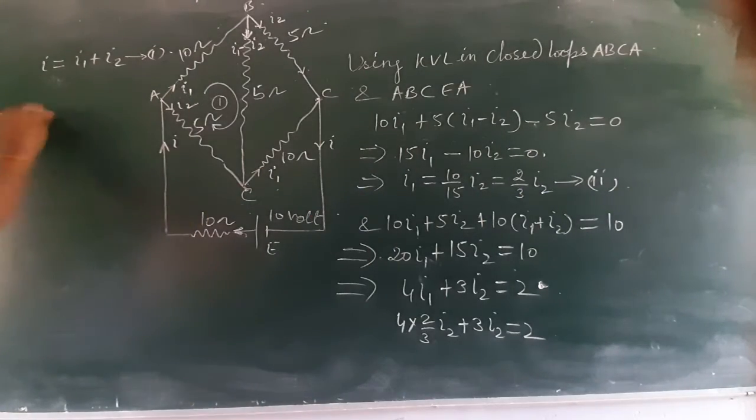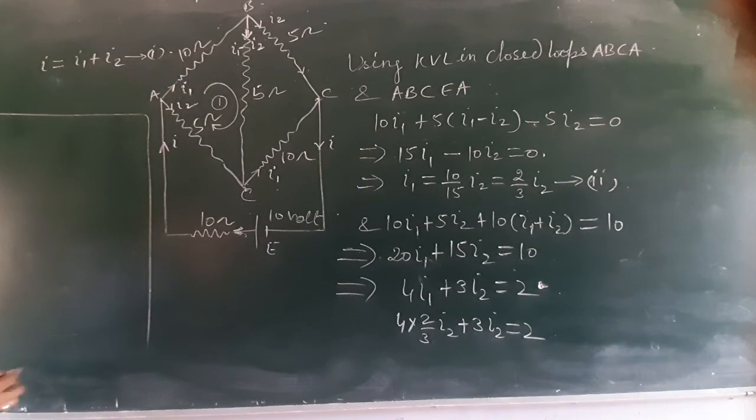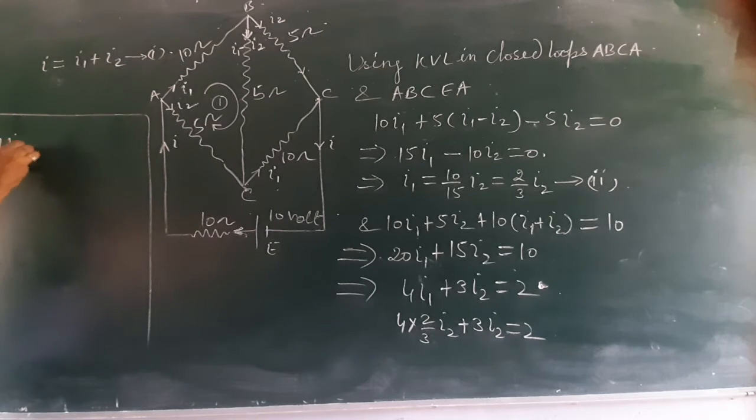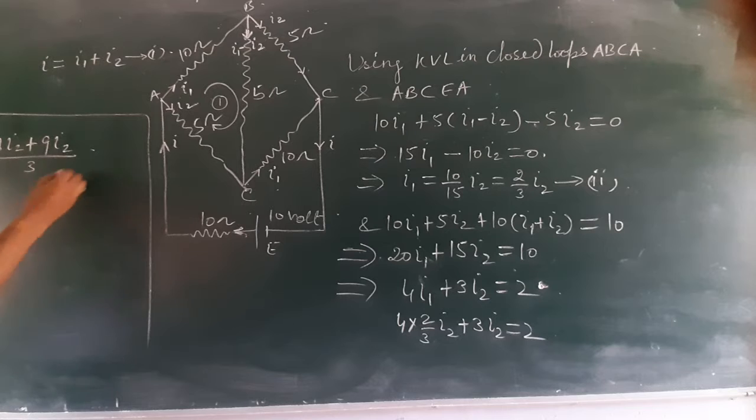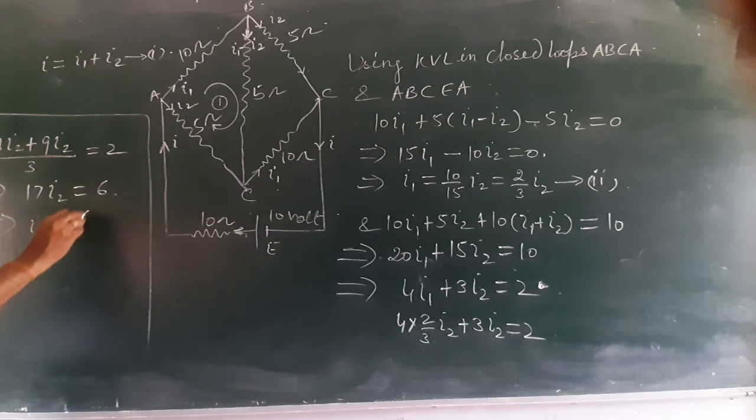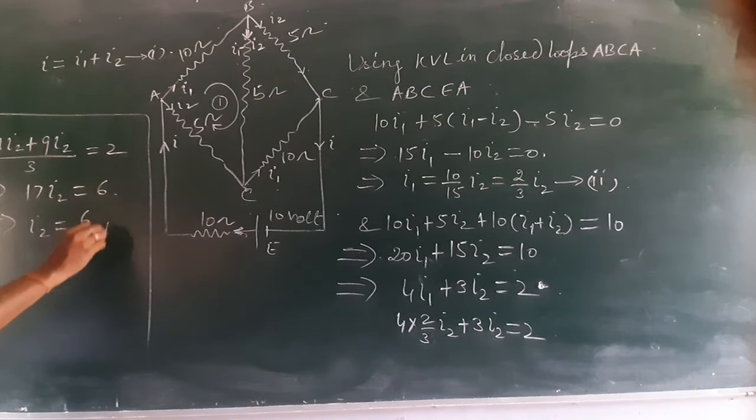Here we will solve after cross multiplication: 8 I2 plus 9 I2 upon 3 is equal to 2. So this will be 17 I2 upon 3, means 17 I2 is equal to 6. This implies that I2 is equal to 6 upon 17 ampere.